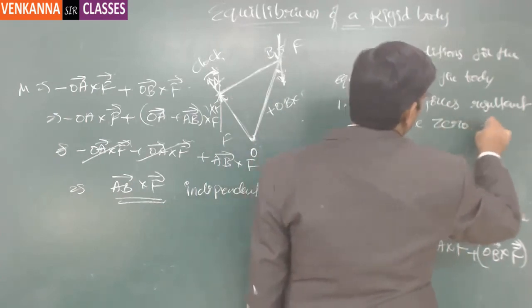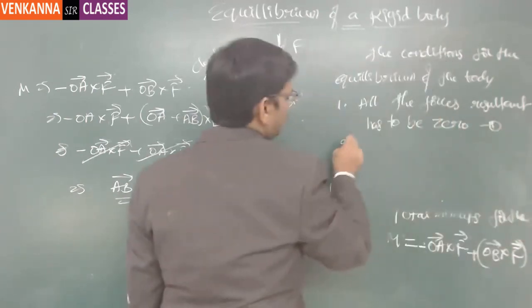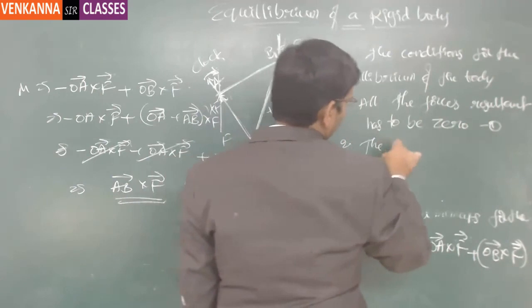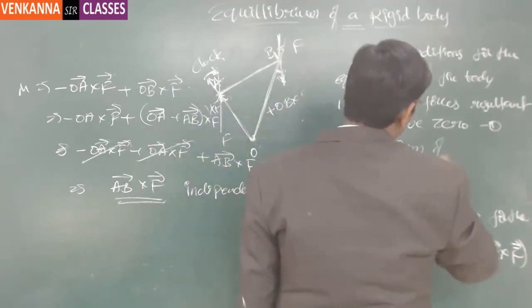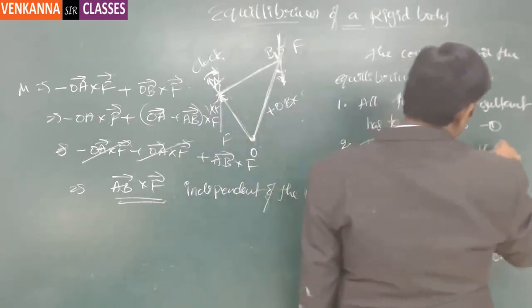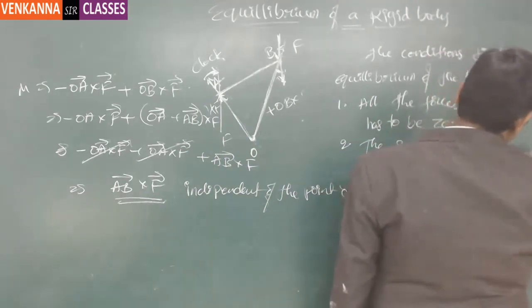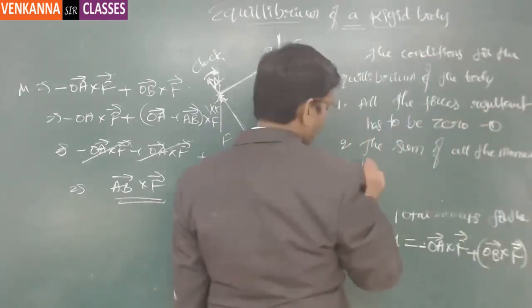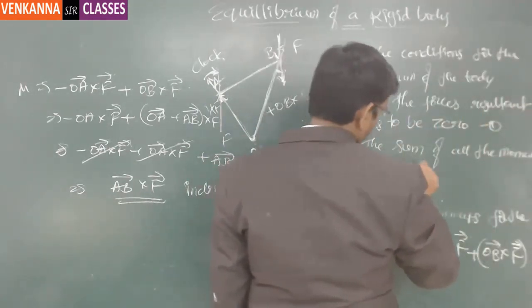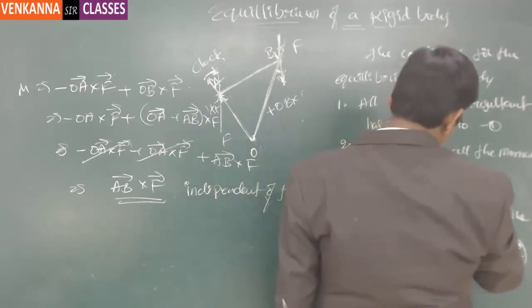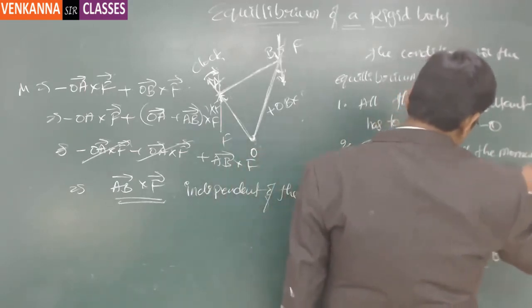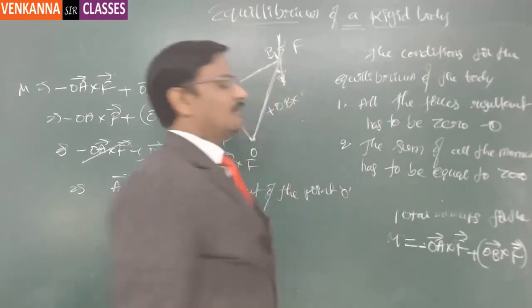So this is condition number 1. And the second condition is that the sum of all the moments has to be equal to 0. Then only we say that the body is under equilibrium condition.